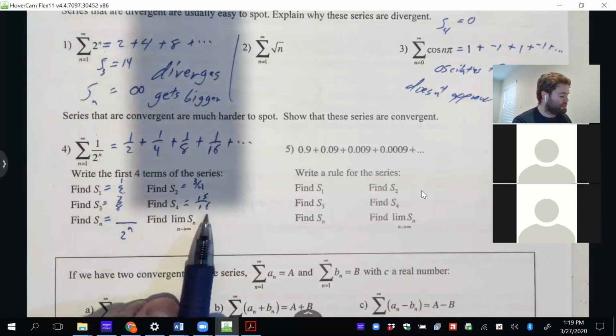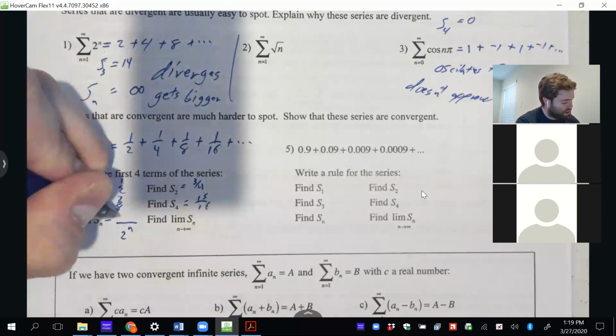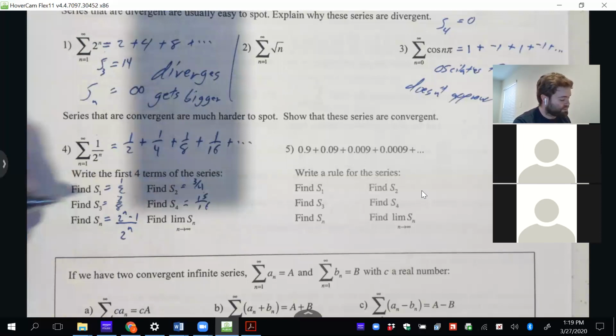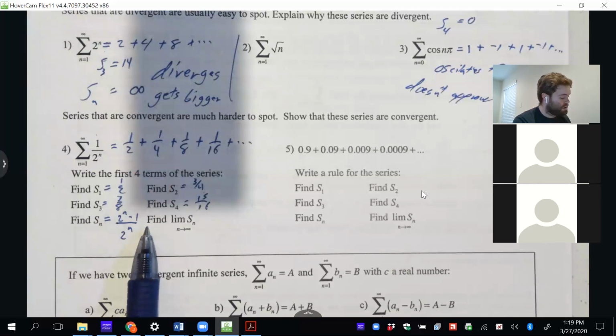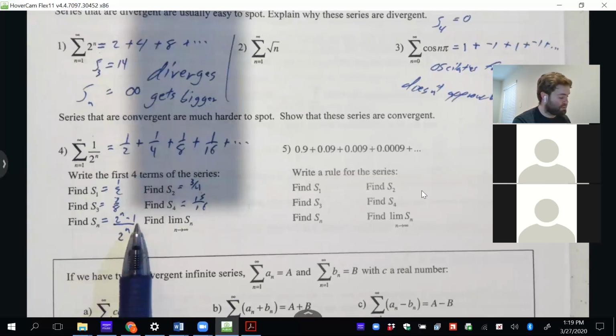So what can we do to get 15? It's going to be 2 to the n minus 1. And does that still work for the other ones? Well, the third term, 2 to the n minus 1. 2 to the n for the third term, it would be 8 minus 1, so 7. Okay, we did have 7 on top, and 2 to the n on bottom, so 2 to the third, 8 on bottom. So yeah, that's the general term here.